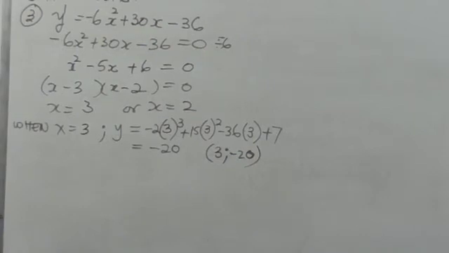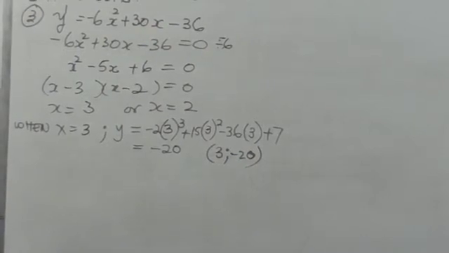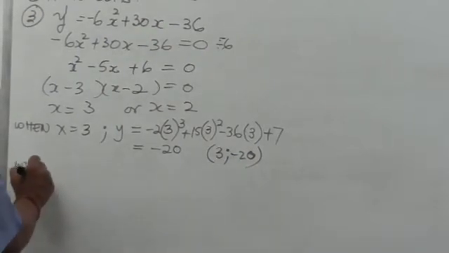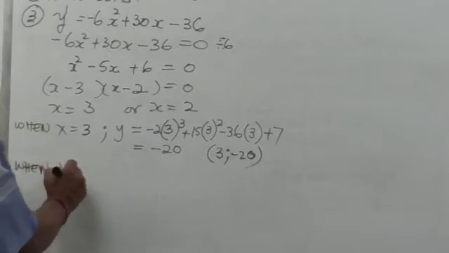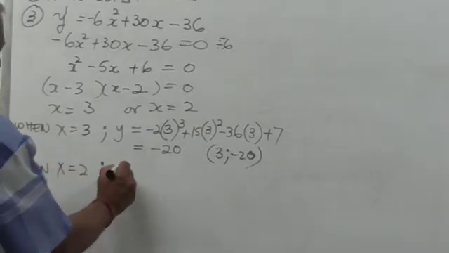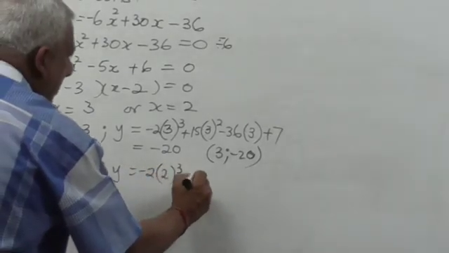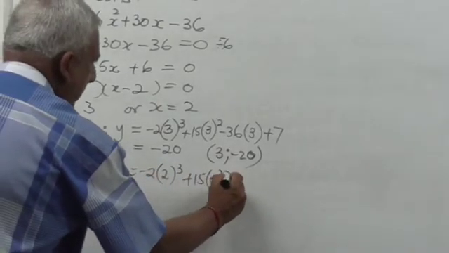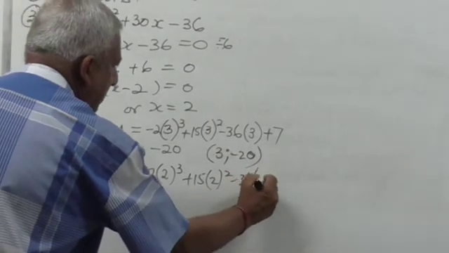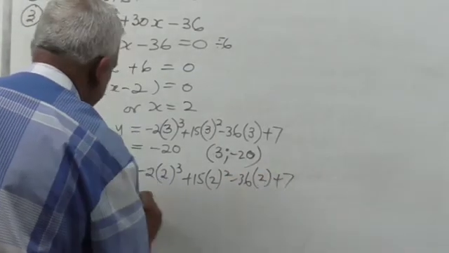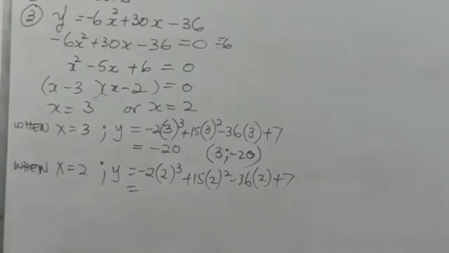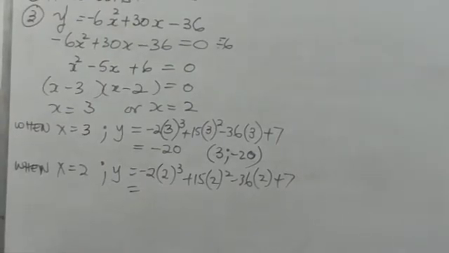And then when x is 2, y is equal to negative 2 into 2 cubed plus 15 into 2 squared minus 36 into 2 plus 7, and let's just put that in the calculator and see what we get.